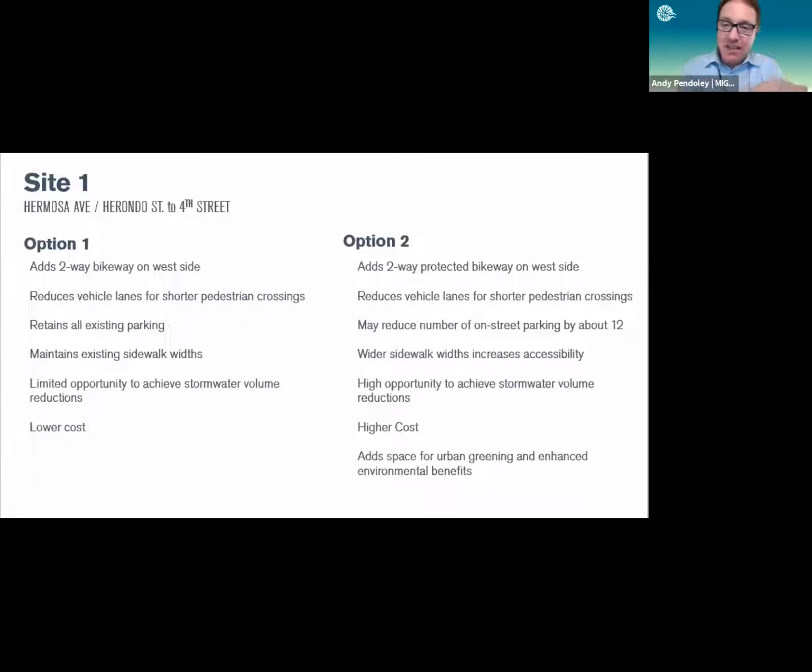Or the opposite, you lean more towards 2 versus 1. So take a minute here and register your thought for the moment, based on what you know, what you think, which option might be best for this location. And then we'll open it up and have some discussion about what's appealing to you, what's of concern. Any questions, the team can answer.